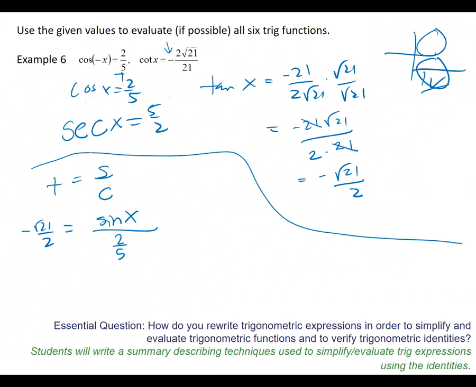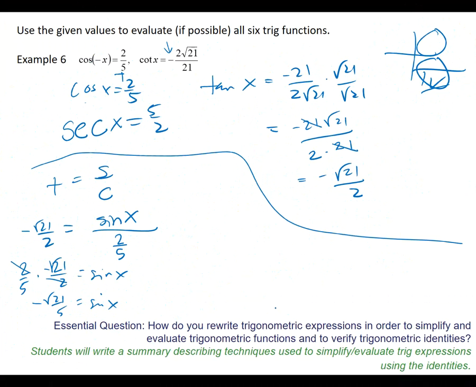I'm not doing a flip. I'm not trying to get that fraction out of the denominator. So 2/5 times negative square root of 21/2 equals sine x. What happened? It was so great there. The 2's cancel.